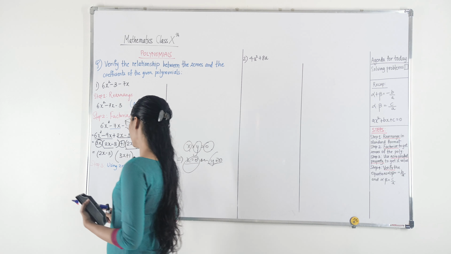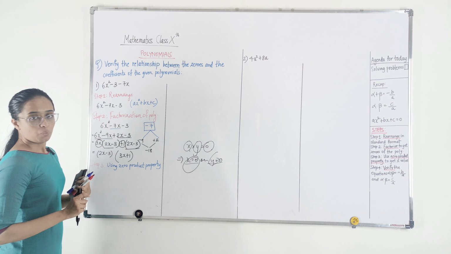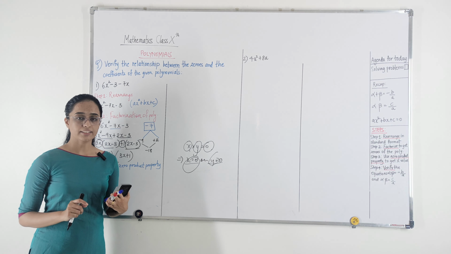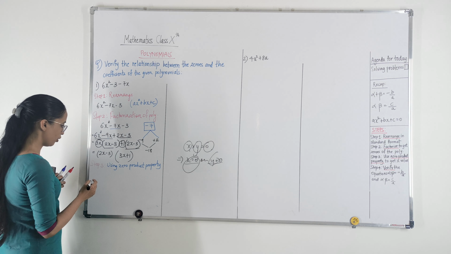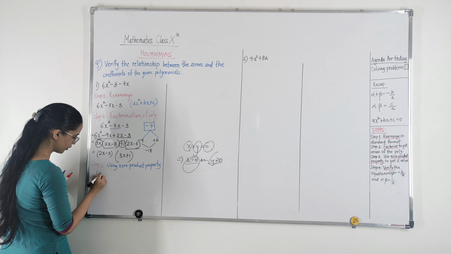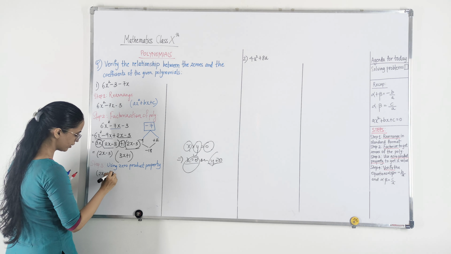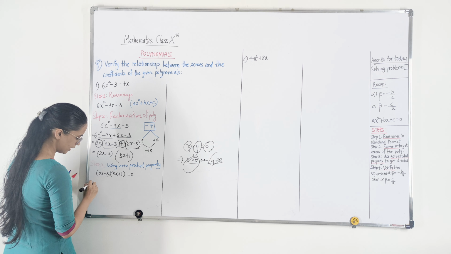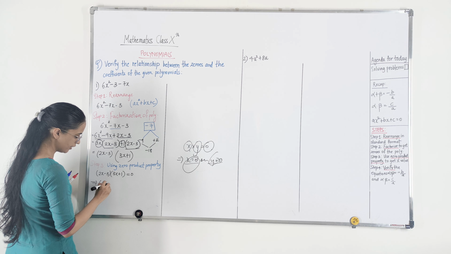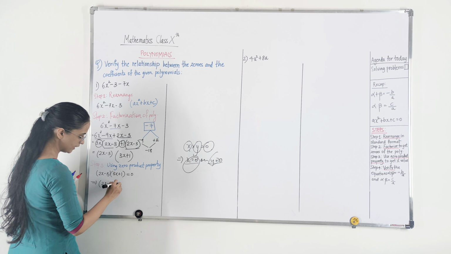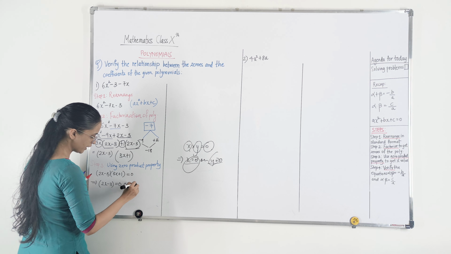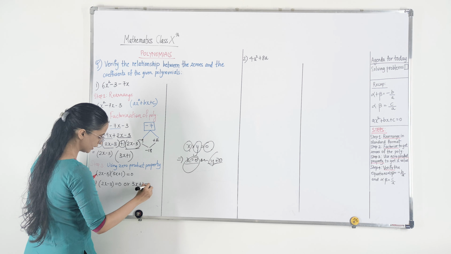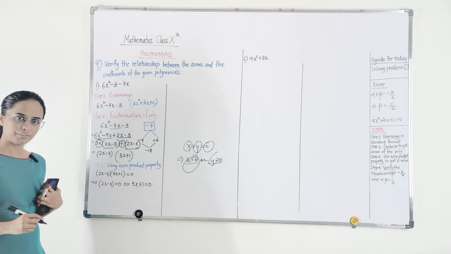Since we want to find the values for x, that is the solution for this particular polynomial, we say that 2x minus 3 times 3x plus 1 is equal to 0. This implies that either 2x minus 3 is equal to 0 or 3x plus 1 is equal to 0. Right?